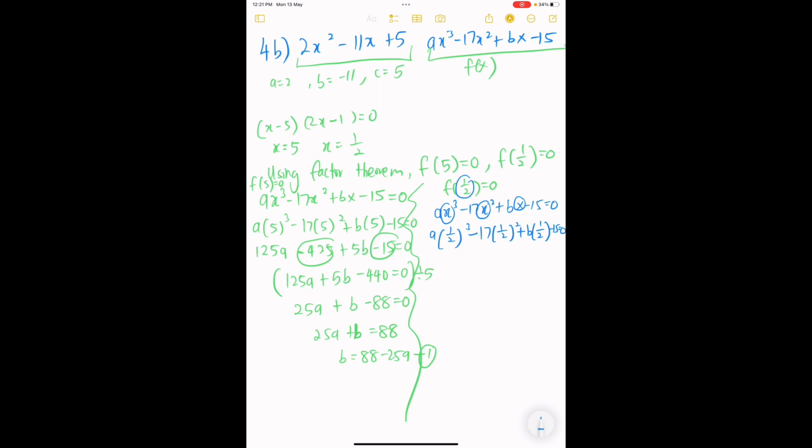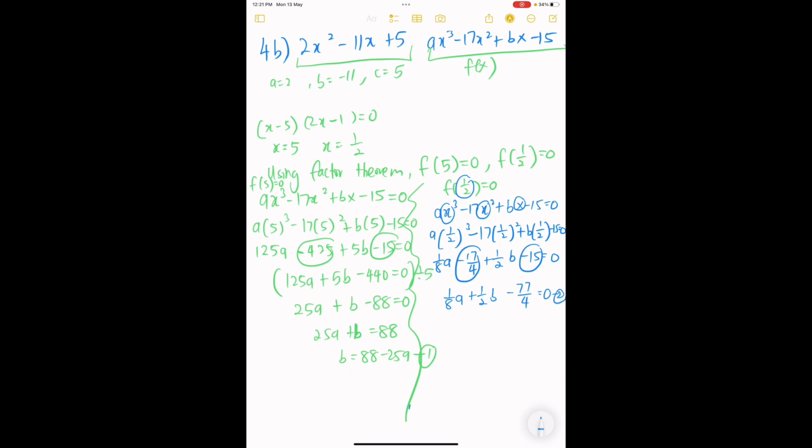From here you will get 1/8a minus 17/4 plus 1/2b minus 15 equals 0. Okay, so a and b you put at the left side. Number you can make it simpler, which is 1/8a plus half b minus 77/4. This is your second equation.